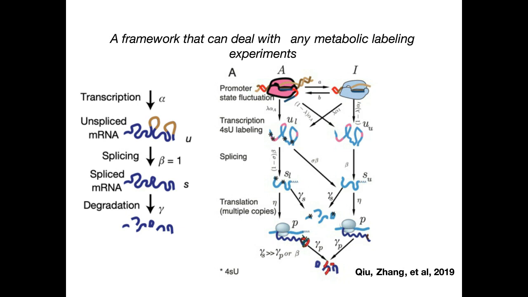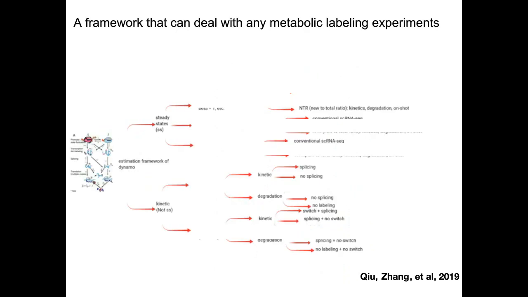This is our most comprehensive model. However, for different types of experiments and for different types of data, we need to make some reductions to this comprehensive model. For example, if we are dealing with regular 10x data, then we don't have labeling. Our model needs to handle that.